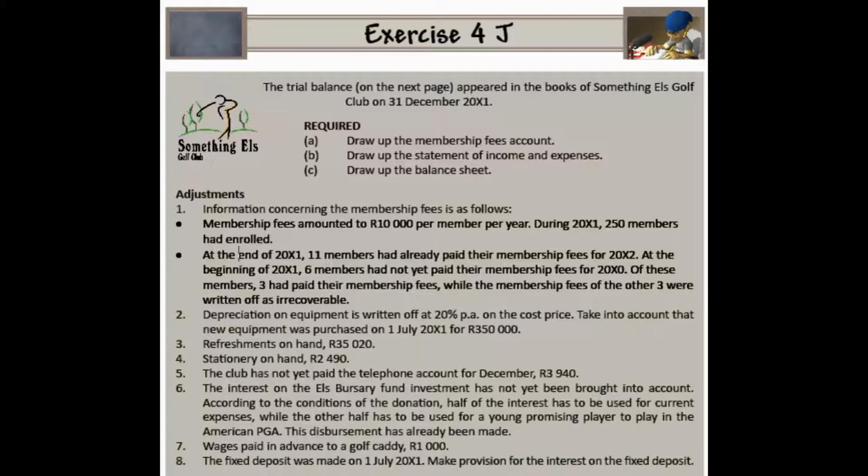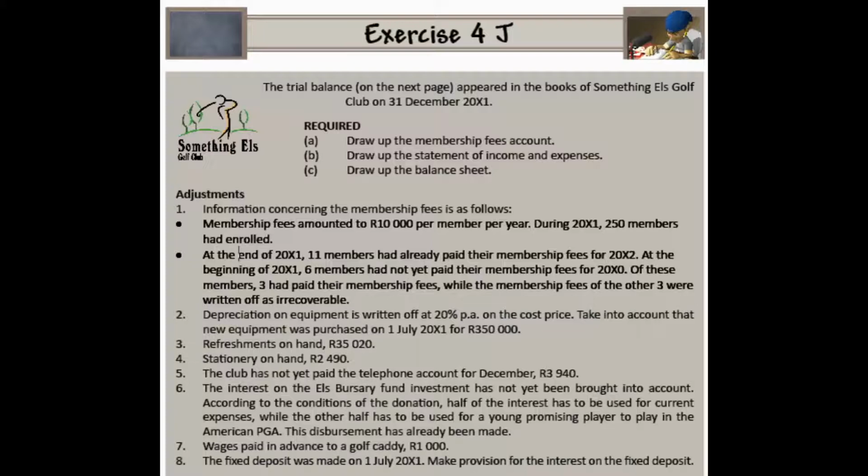So that is the depreciation on the equipment without the new purchases that was made in the middle of the period. If you multiply 5,050,000 times 20% times 6 over 12, you get 505,000.